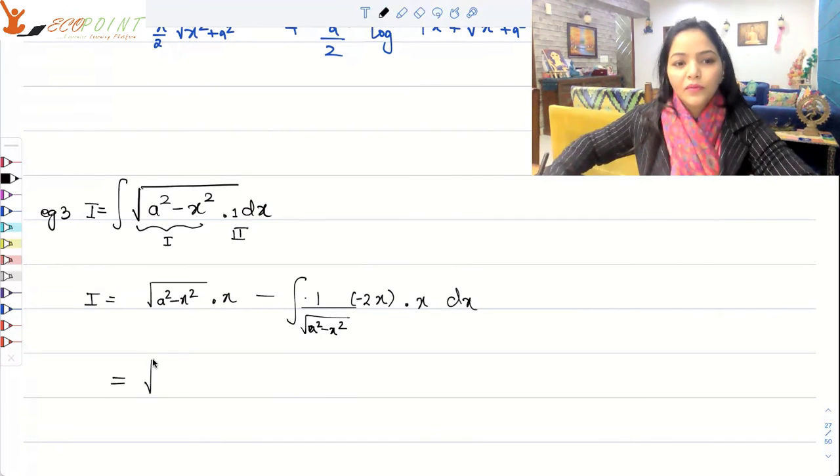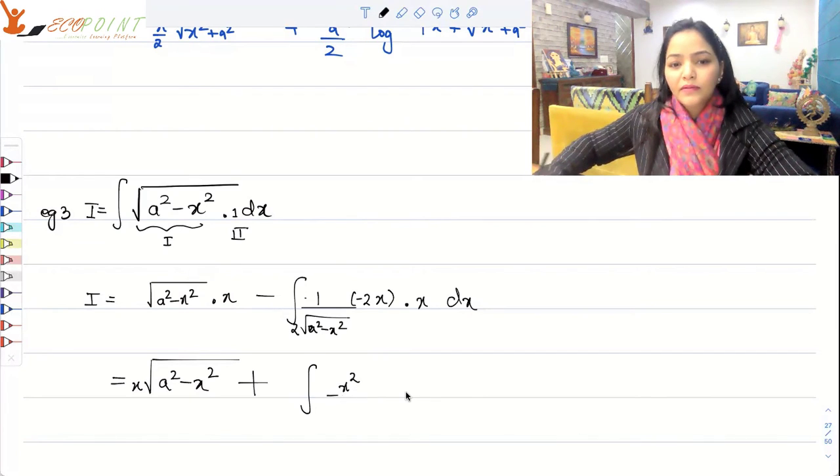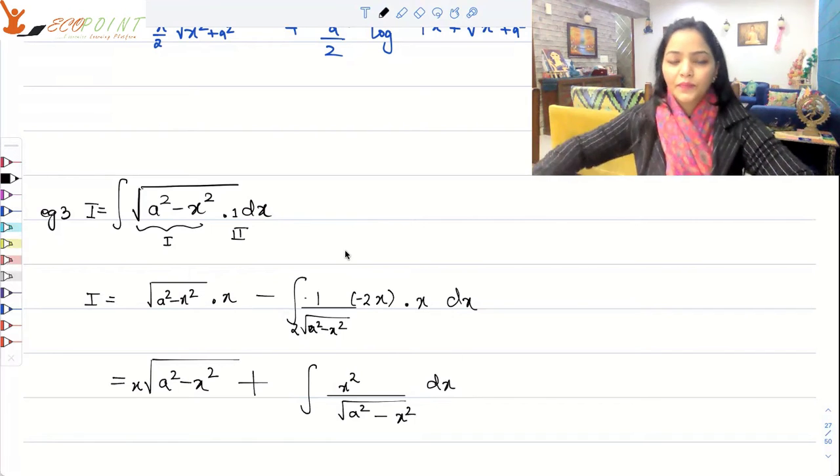So this will give you square root of a square minus x square into x, minus minus plus integral. Sorry, there is a 2 here, so 2 cancels, and it's going to be x square upon square root of a square minus x square dx.